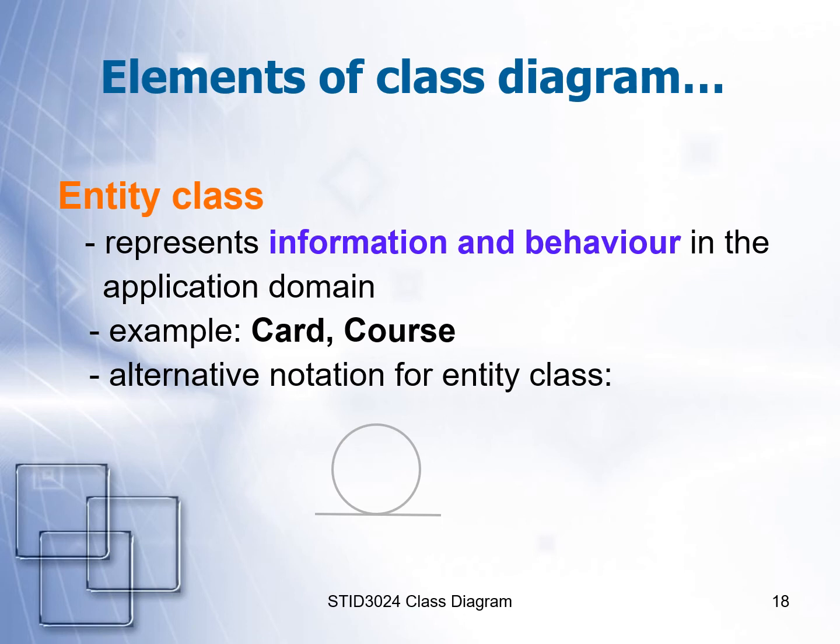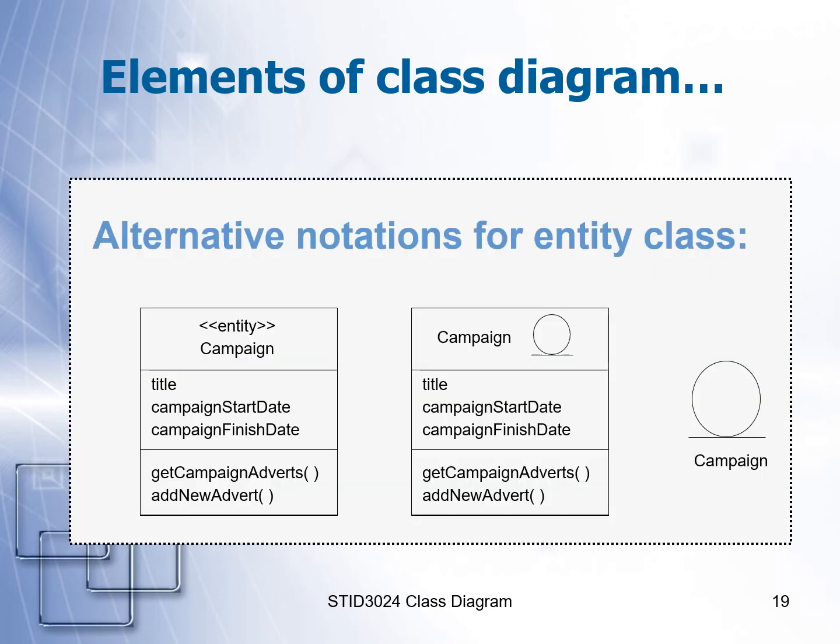For example, if it's for a student information, entity class is the student, or the course of this student course.